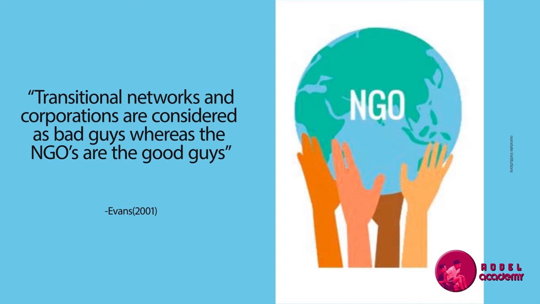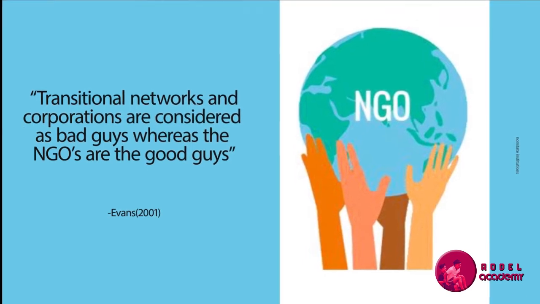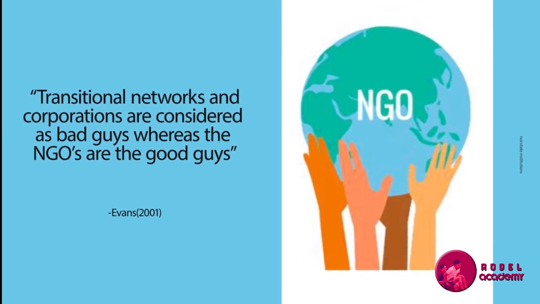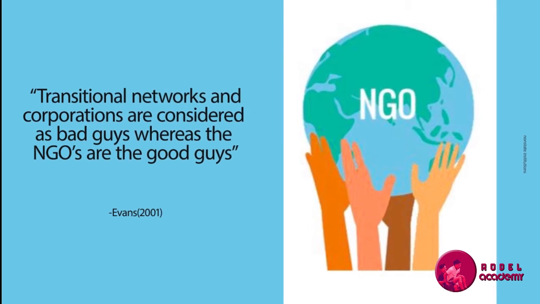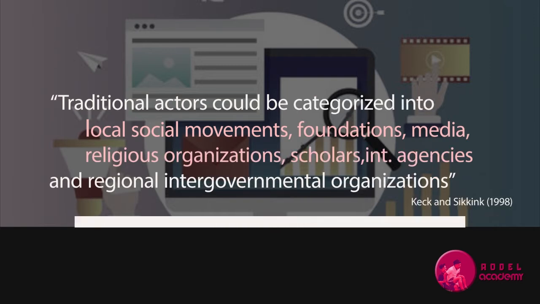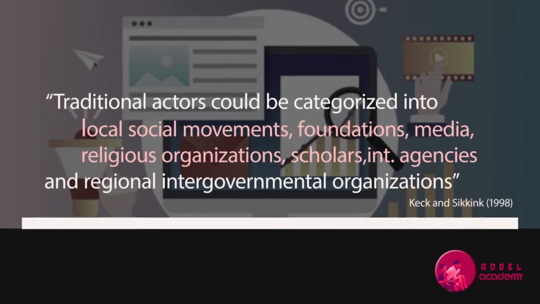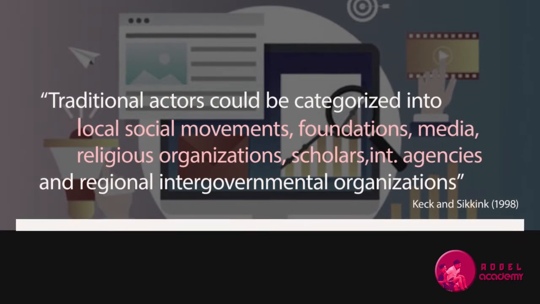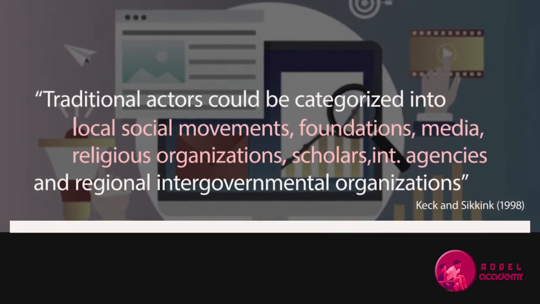According to Evans, transitional networks and corporations are considered as the bad guys, whereas the NGOs are the good guys. Transitional actors could be categorized into local social movements, foundations, media, religious organizations, scholars, international agencies, and regional intergovernmental organizations.